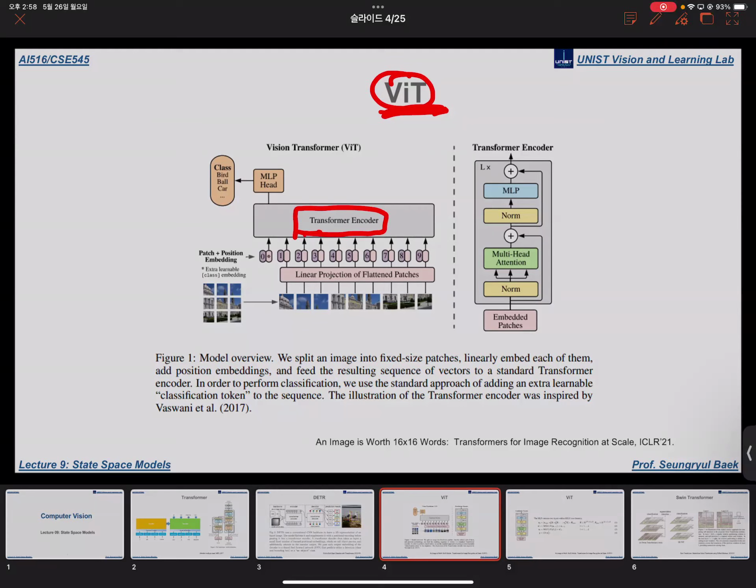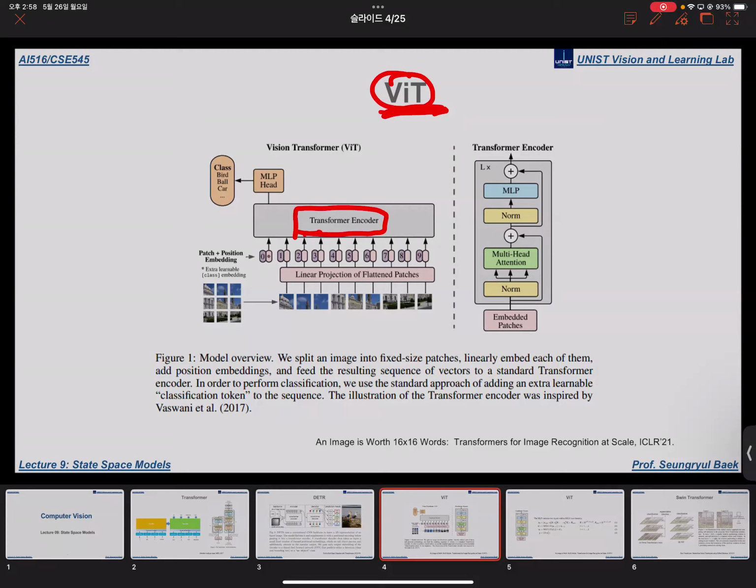So there have been some attempts to improve the performance, especially the speed of the transformer. And Swin Transformer is for that. And the other variation of ViT, DeiT, is another improved version of the transformer.